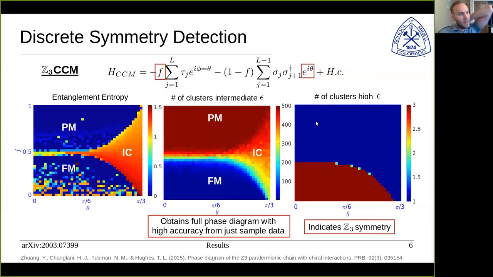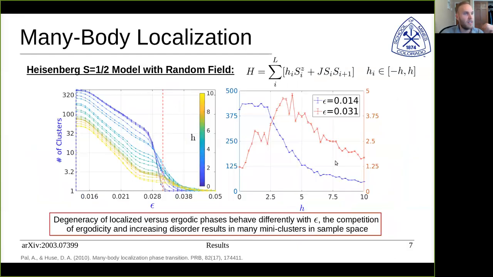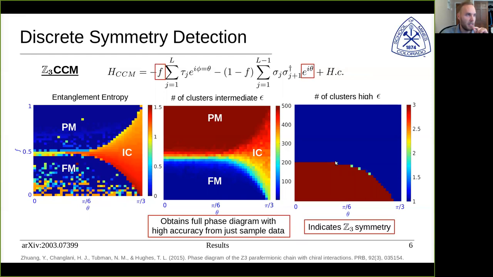Last but not least, it also returns your discrete symmetry. Here it indicates your Z3 symmetry. It actually has 3, and it shows you the 3 clusters, just like that figure I was showing earlier. So it can also help you determine the exact sort of physics that your system is exhibiting.